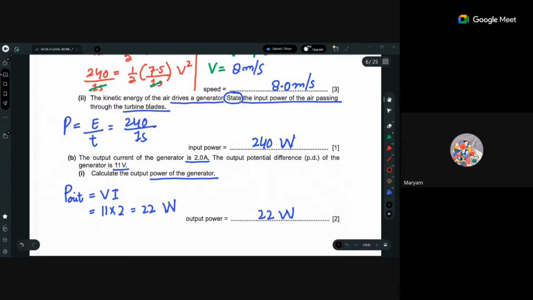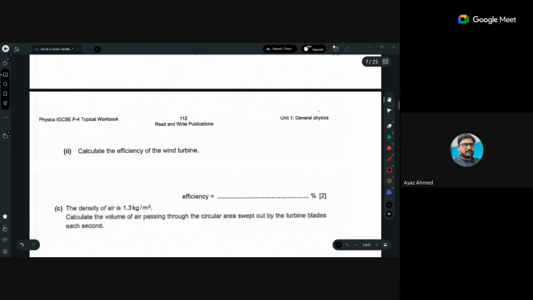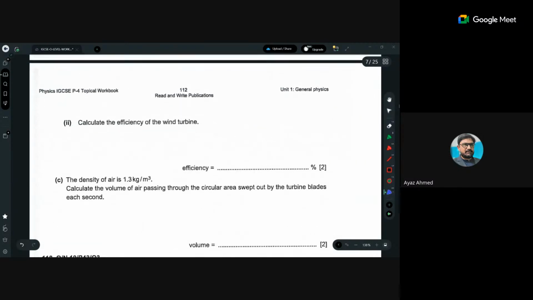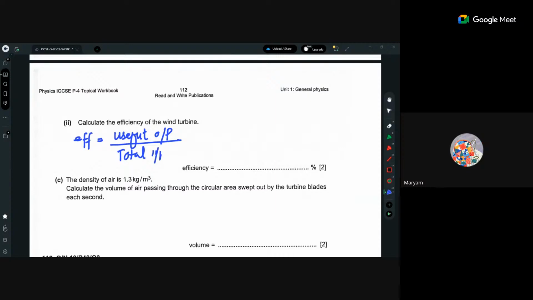Yes, sir. Calculate the efficiency of the wind turbine, again for 2 marks. Efficiency is equal to useful output divided by total input, times 100, because percentage is given.